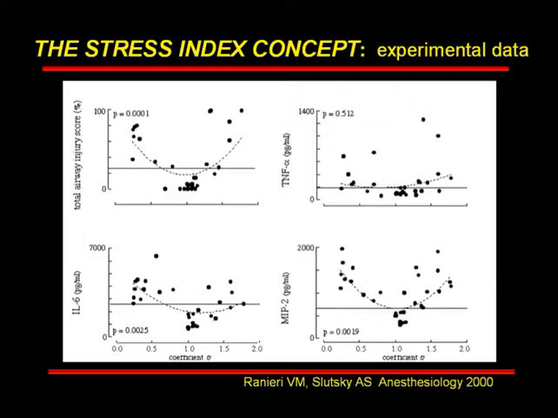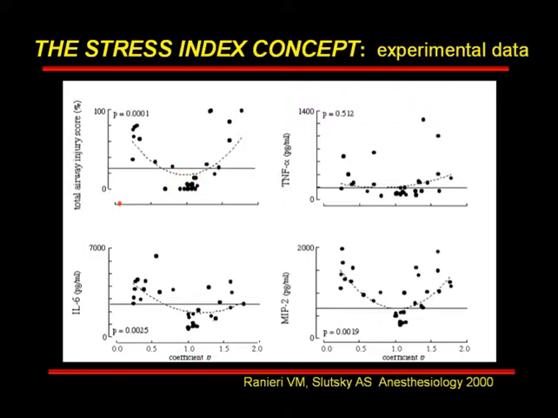And as you see, the relationship between the stress index and a number of markers of ventilator-induced lung injury, histology here, IL-6 here, can be described by a U-shaped relationship. When the animals were ventilated with a stress index equal to 1, we had the minimum amount of stress.